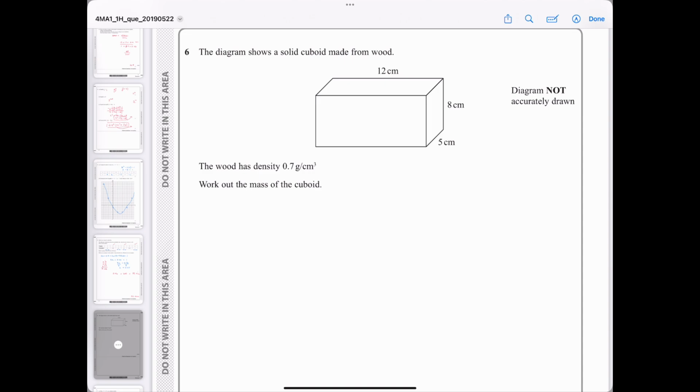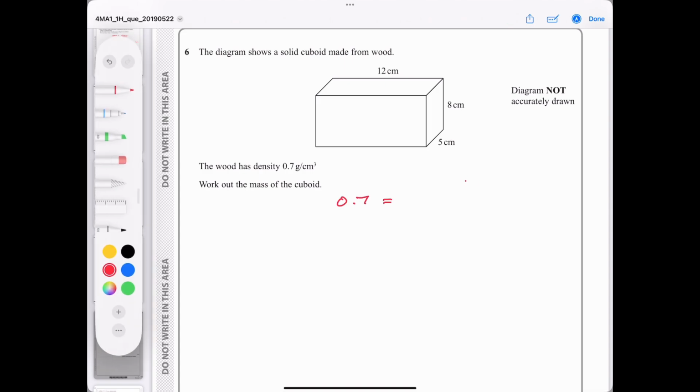So I see the centimetres cubed, so I'm expecting that we are going to find the volume. So we know that 0.7 equals some sort of grams, the mass, over volume. So all we need to do now is find the volume.